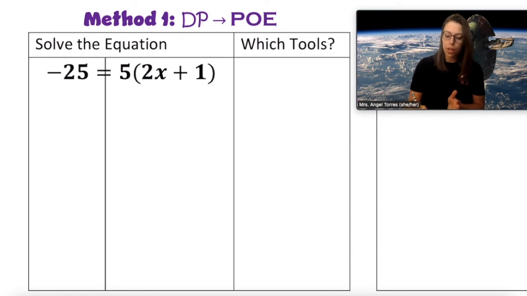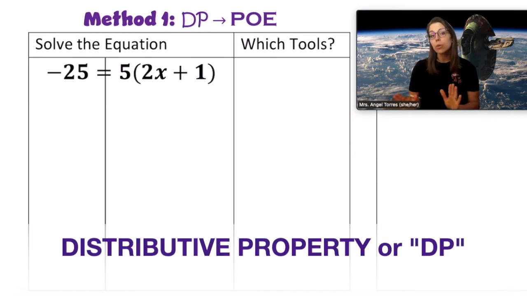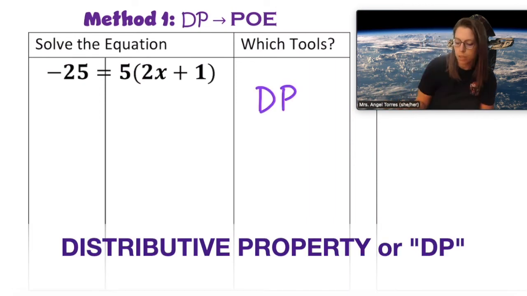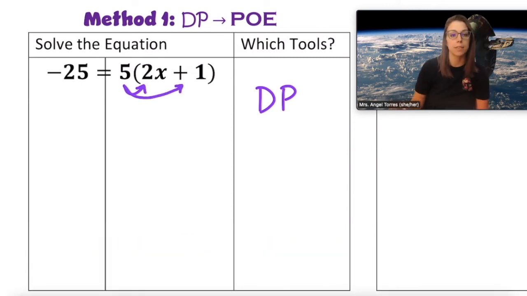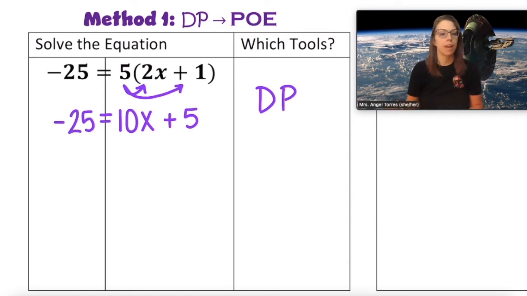So let's start with our first method of applying the distributive property to get rid of the group and break our constant free. So 5 times 2x and 5 times a positive 1. 5 times 2x is 10x, and 5 times a positive 1 is a positive 5. And the negative 25 on the other side is not affected.